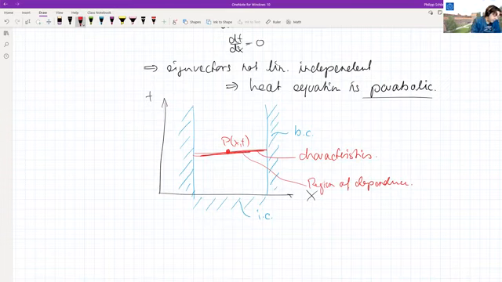At the same time, the zone of influence, so what can be influenced by changing or hitting point P, would actually be everything that is ahead in time of the point P. So this is then the zone of influence.